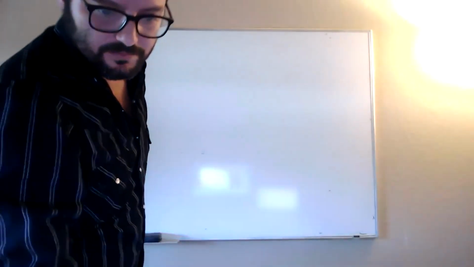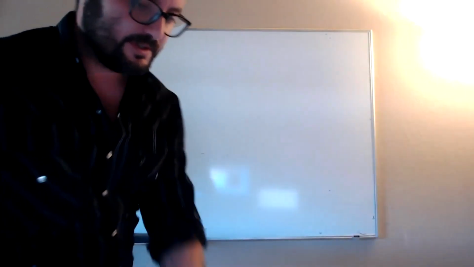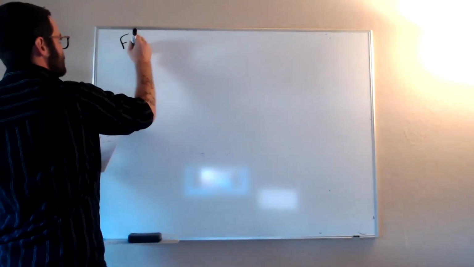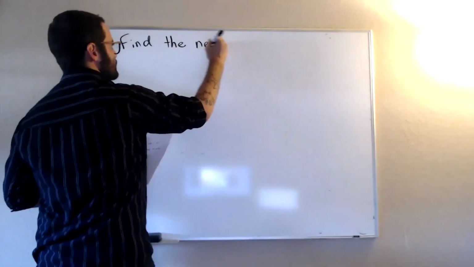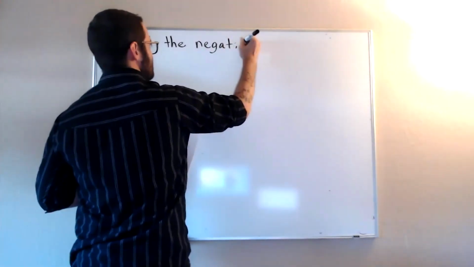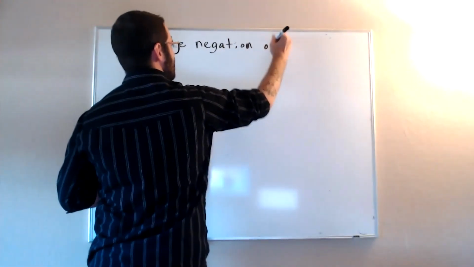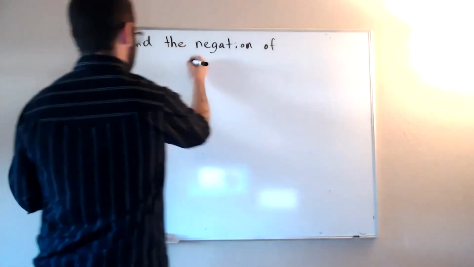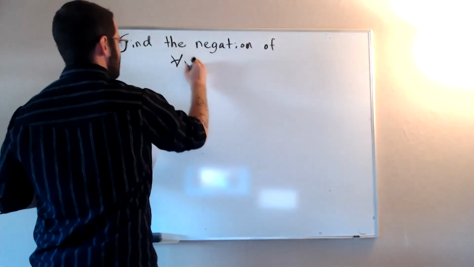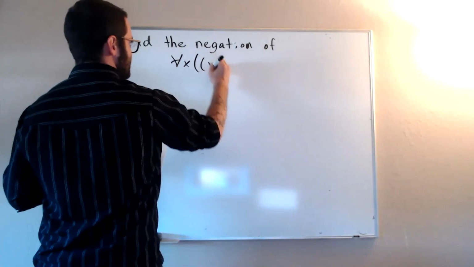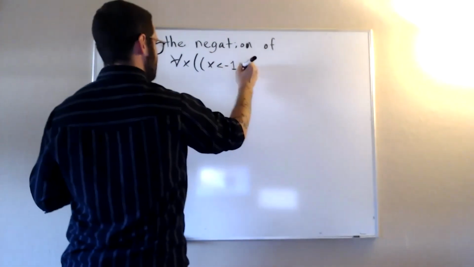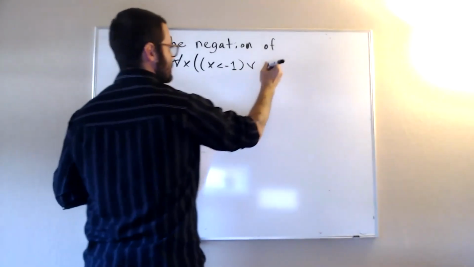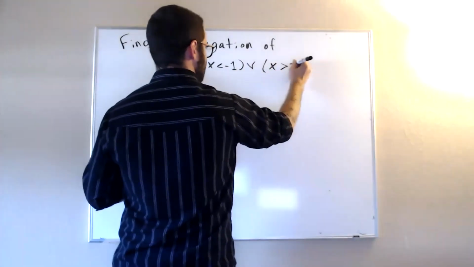All right. Next, let's look at negating a statement. Okay, so find the negation of, say, for all x, x less than -1 or x greater than 2.